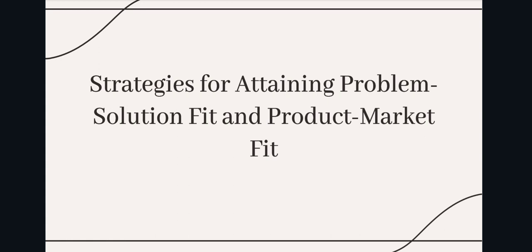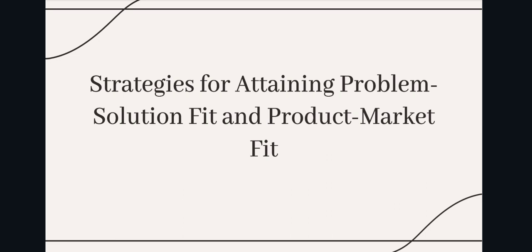Secondly, the second aspect would be validating the problem. Once we have identified a problem, it's essential to validate its significance, and this can be done through surveys, interviews, and feedback, just like the initial part. Then we have to work on the solution, like defining the solution.